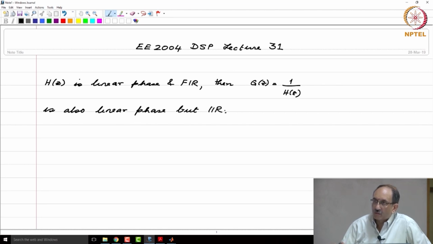And here is another class of IIR filters that are linear phase, and this has been derived from an FIR filter inverted. And we also made the general remark that in general FIR filters have much larger order to achieve the same specifications, and hence IIR filters are more desirable because they have lower order.